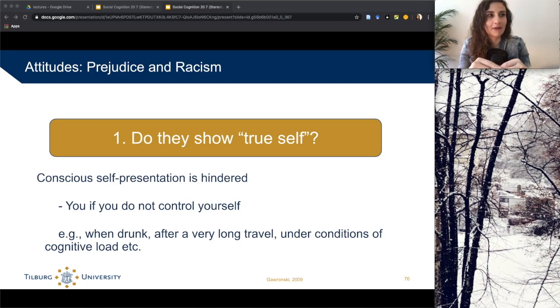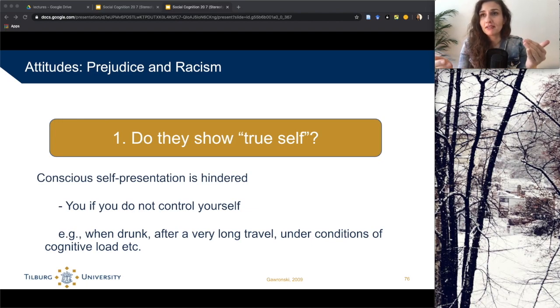Whether you think that this is someone's true self depends on your answer to the question of whether people reveal their true self when they're drunk, or tired, or exhausted because they have so much other stuff going on in their mind. So do you think that people's true self is the self that they show when they aren't presenting themselves, or do you think that the presentation is actually also part of who we are?